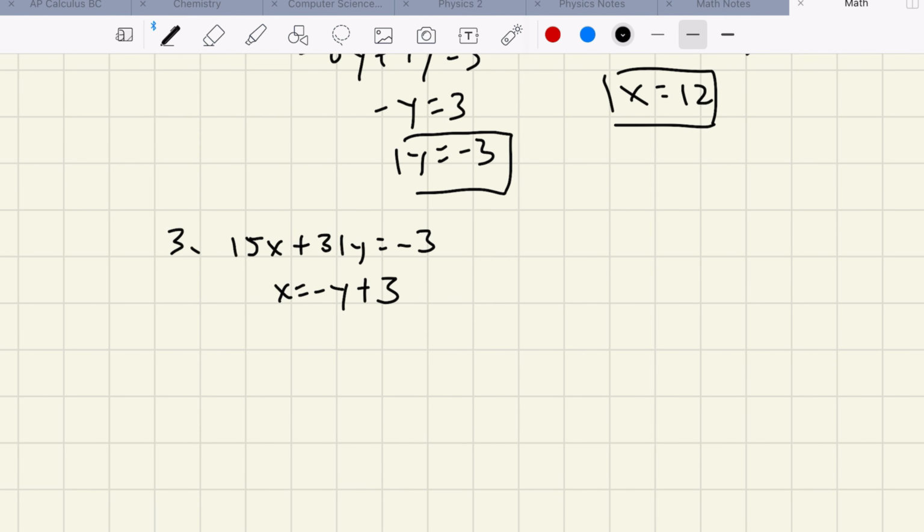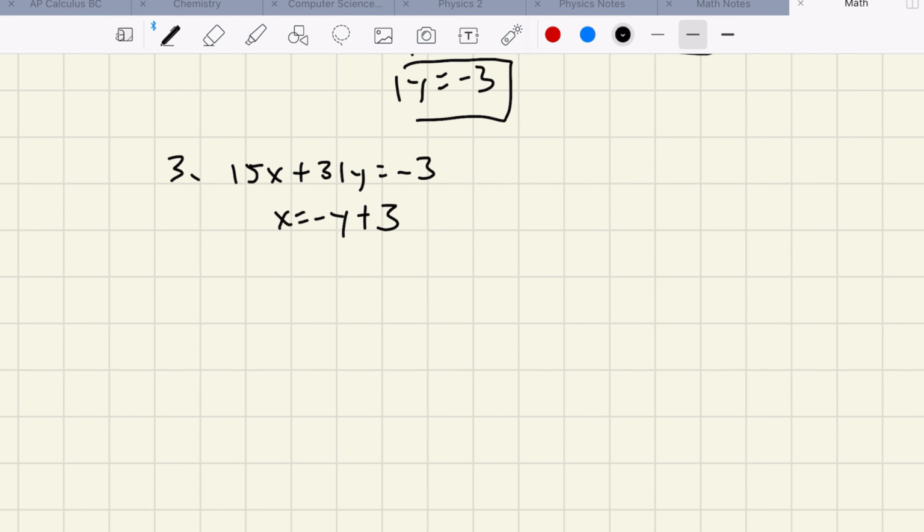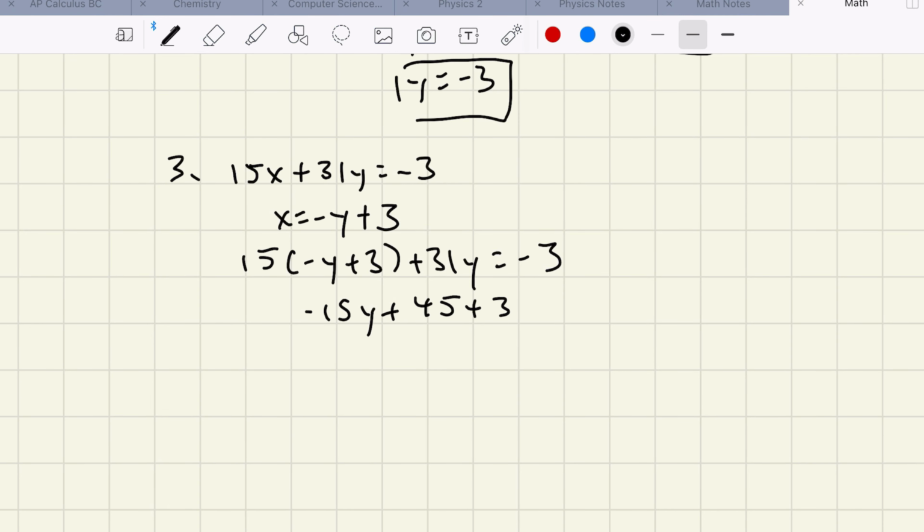So again, you can substitute that into the harder equation, and you get 15 times negative y plus 3, plus 31y equals negative 3. Then negative 15y plus 45 plus 31y equals negative 3, and you get 16y equals negative 48, and y equals negative 3.